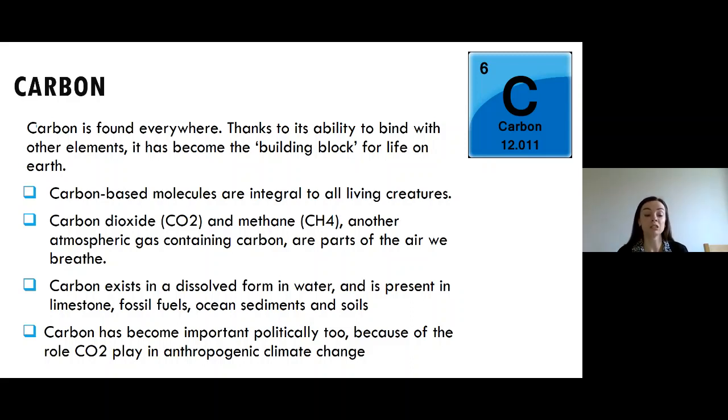Carbon exists in a dissolved form in water and is present in limestone, fossil fuels, ocean sediments and soils. And carbon has become important politically too, because of the role CO2 plays in anthropogenic, man-made climate change.